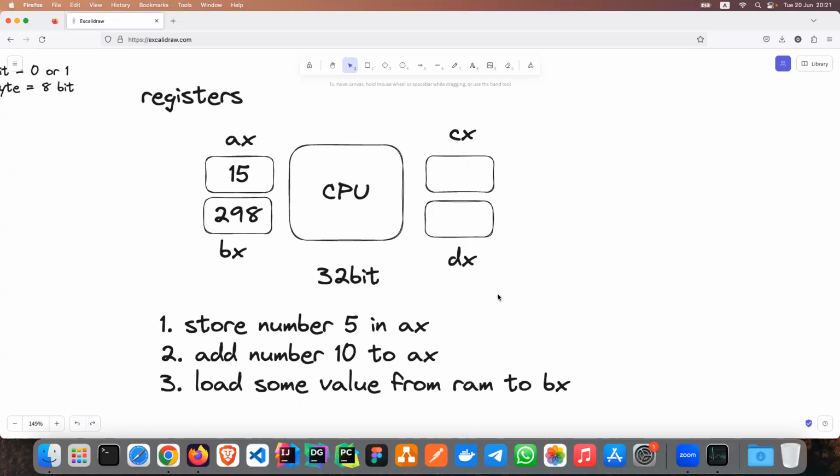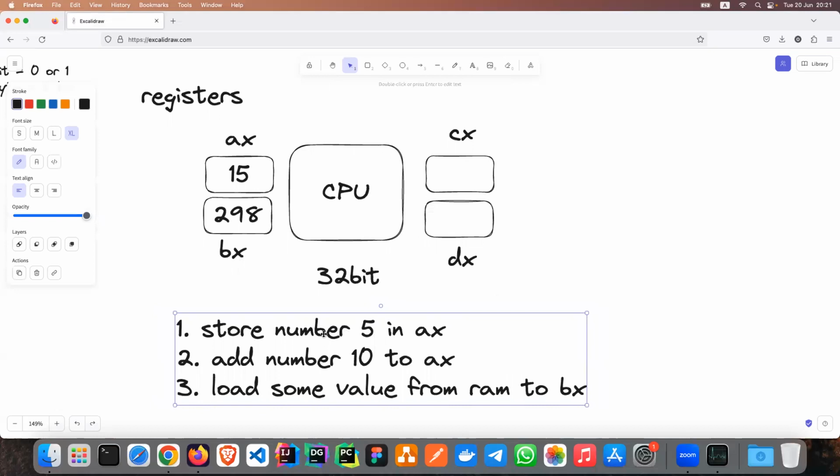Of course, we might have different instructions. This one is actually in the English language. This is a program written in English, but we can write it in a less understandable way.